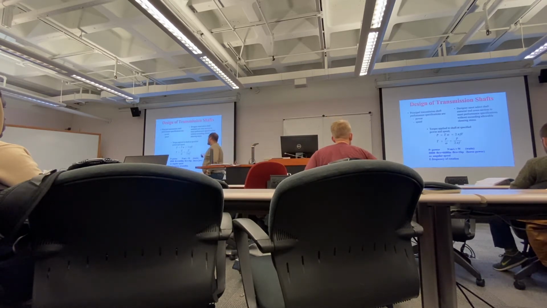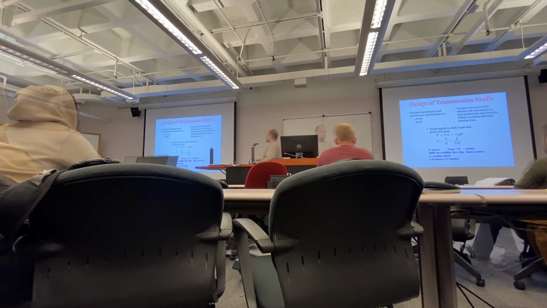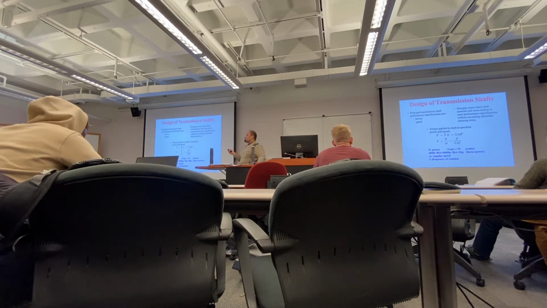If it's given in horsepower, which I doubt, you have to multiply by 550 to put it in feet, or 6,600 to put it in inches. And all these units are per second, so the frequency has to be in hertz. So if it's given to you in RPM, divide by 60. Okay.